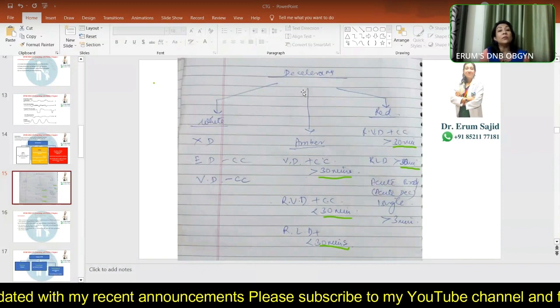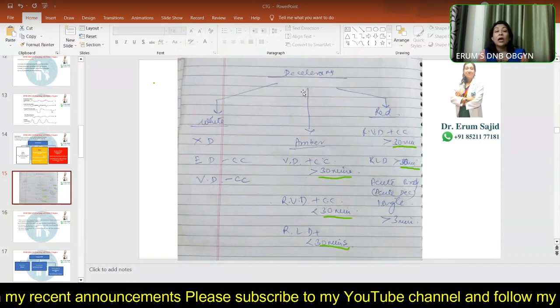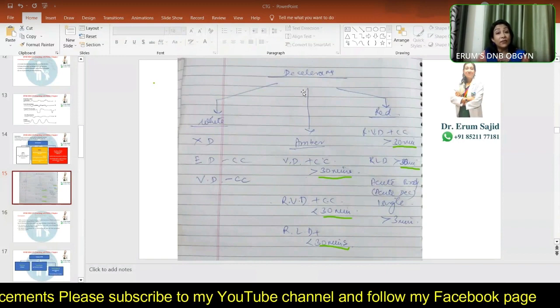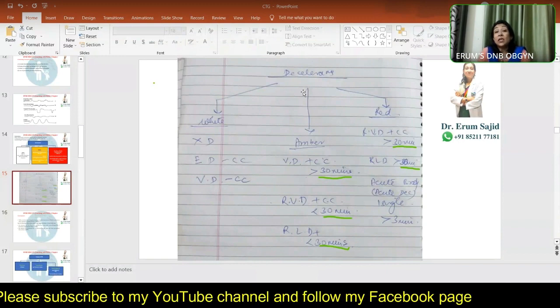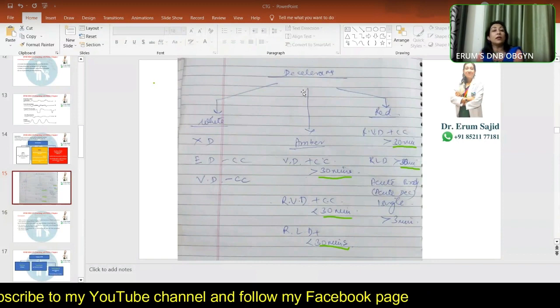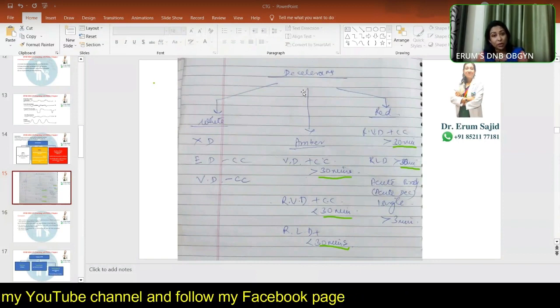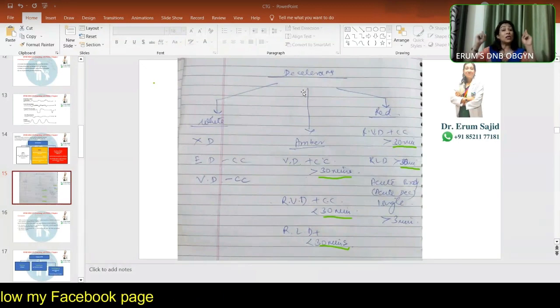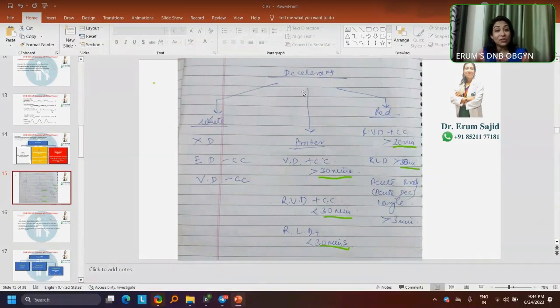If it goes more than 30 minutes, you'll call it red. Repetitive late decelerations, no concerning characteristics mentioned, coming for at least 30 minutes, you call it amber. If they continue for more than 30 minutes, you call it red. Any acute bradycardia episode lasting 3 minutes or more will be clubbed as red. Anything less than that, again, is ambiguous, they've not mentioned.